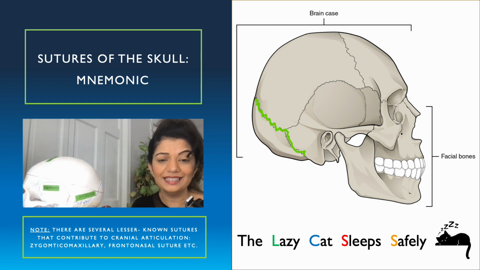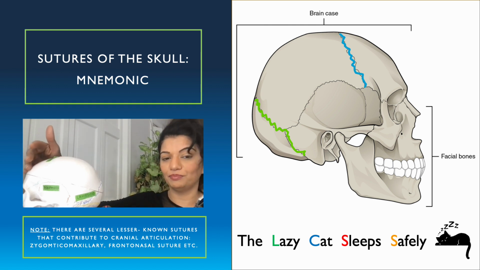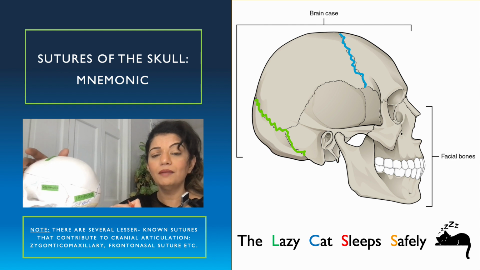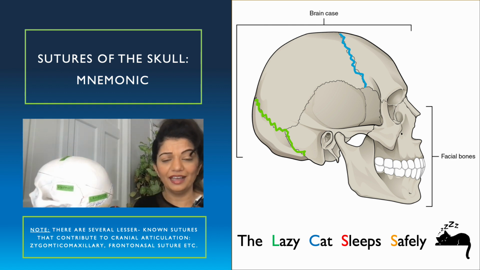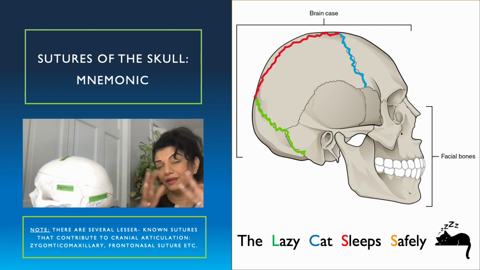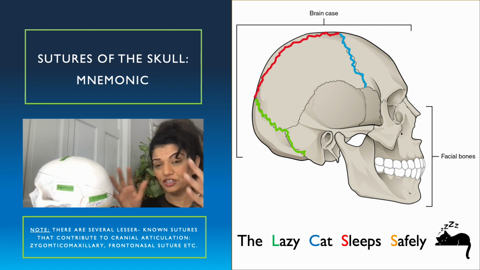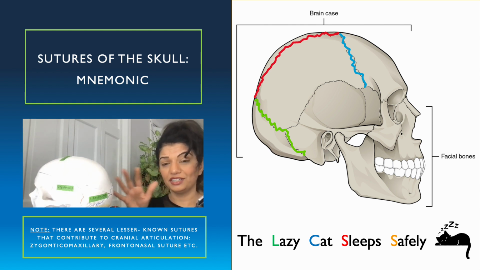Okay, the next one is CAT, which you've probably guessed is coronal suture. Now, this one separates the frontal bone from the parietal bones, okay? And then we've got the next one, which is going to be your sagittal suture. Again, remember from your anatomical positions, it divides the body into left and right.